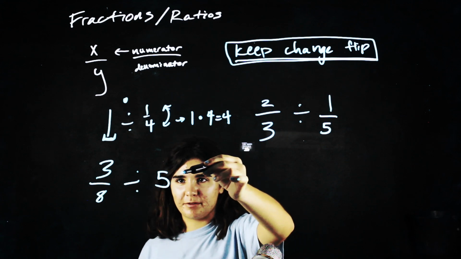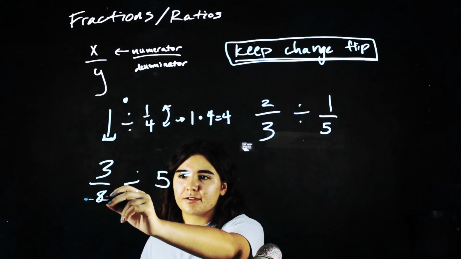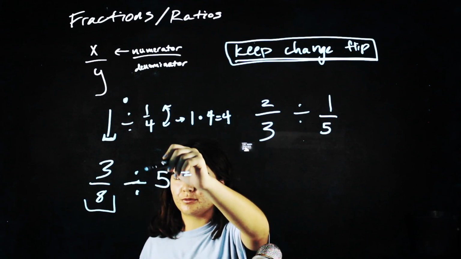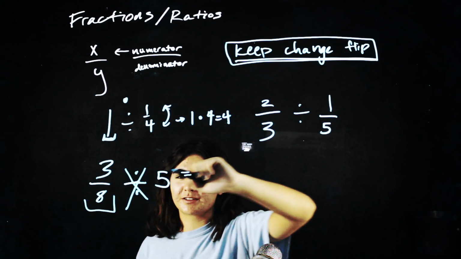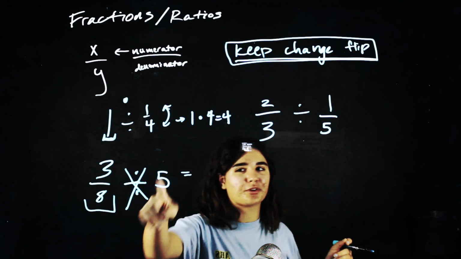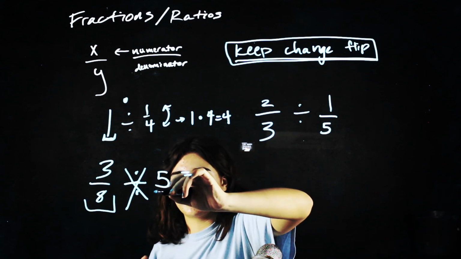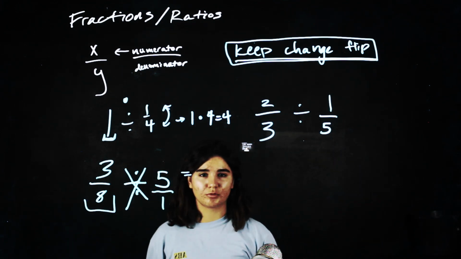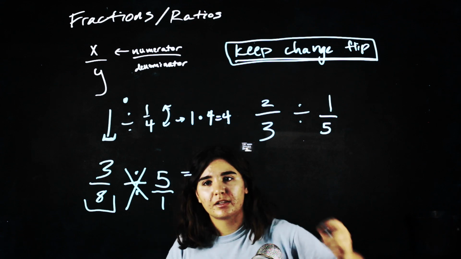Okay, we're going to do the same thing with this one. We're going to keep this 3/8, change this division sign to a multiplication sign, so I'm just going to put a big X through it. And then when this is just a whole number, this whole number can also be written as 5/1. Really any whole number can be written as that number over 1, because it doesn't change anything.